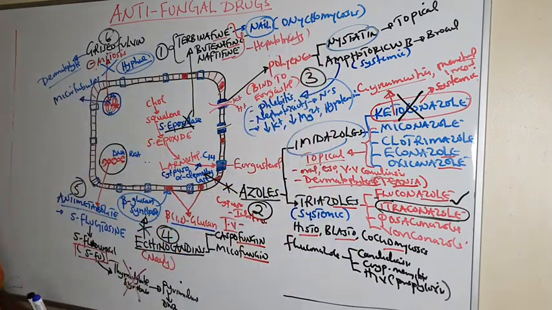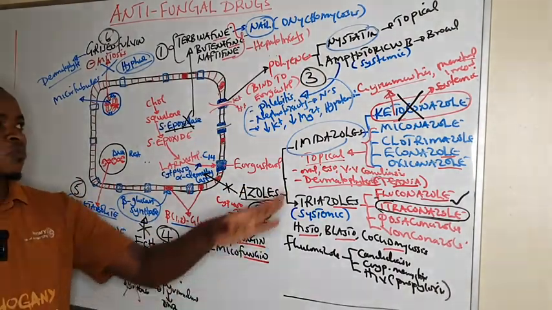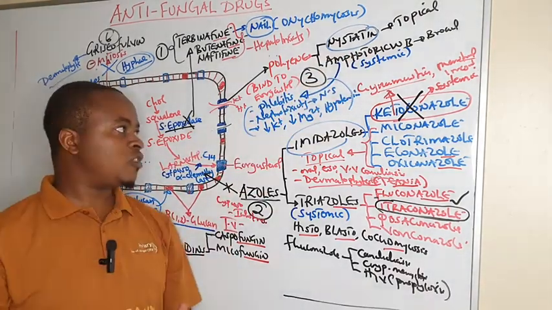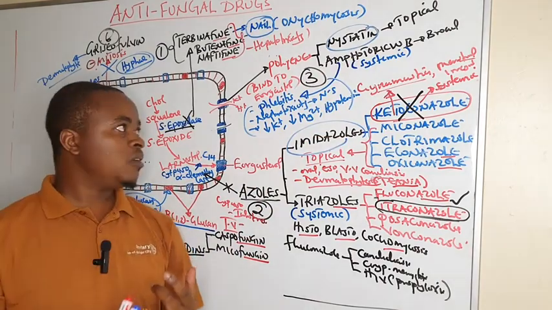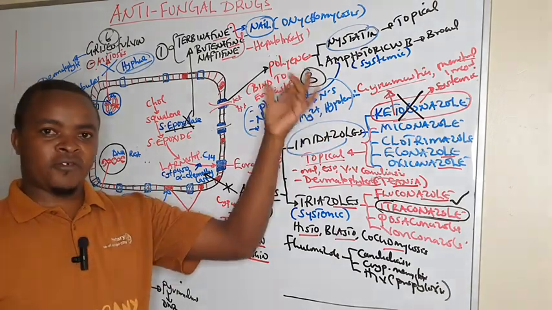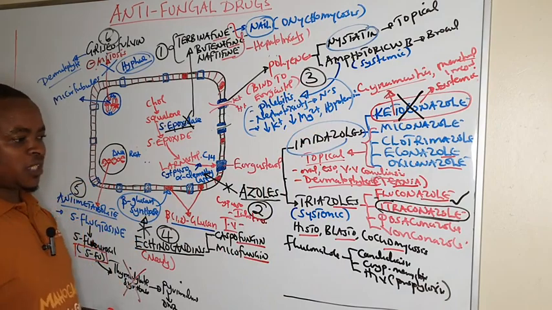So when using them, we must monitor the liver by doing LFTs. But when using amphotericin B, you have to monitor the patient by doing serum electrolytes and renal function tests so that you monitor if they are being affected. That is very important to note as a pharmacist.